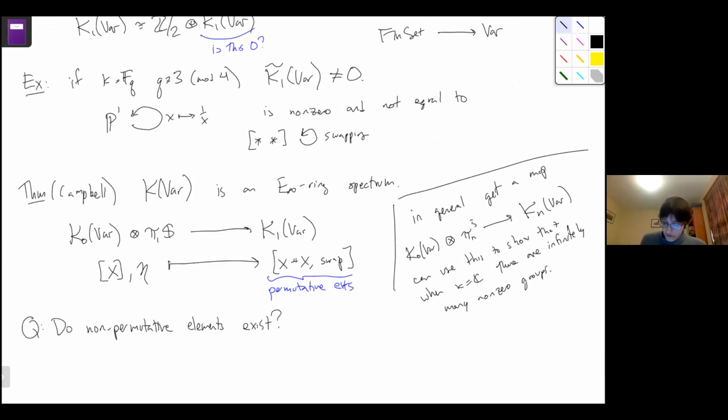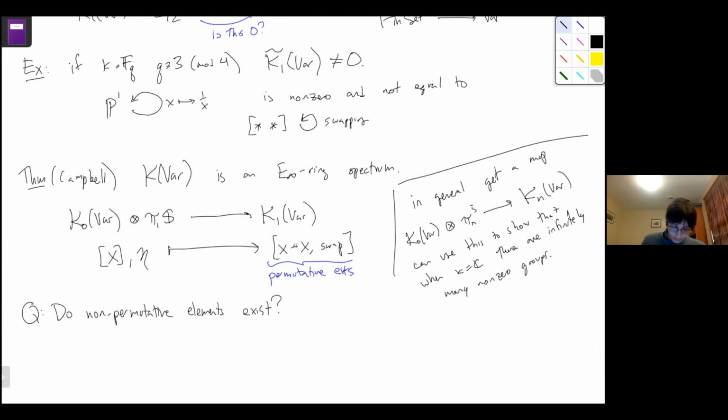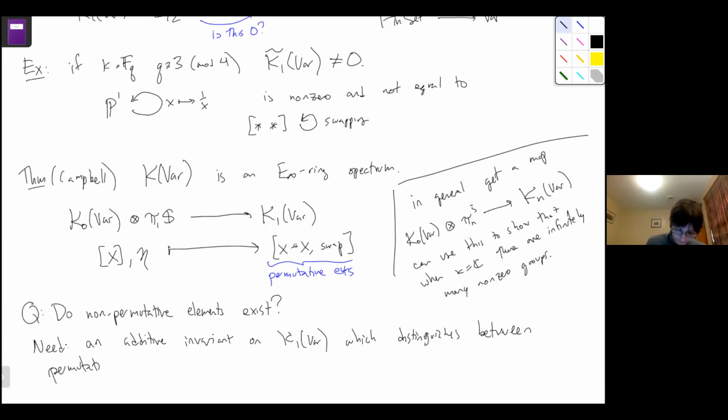Now, in order to detect this, what we need is an additive invariant on K1 of varieties, which distinguishes between permutative and non-permutative elements.